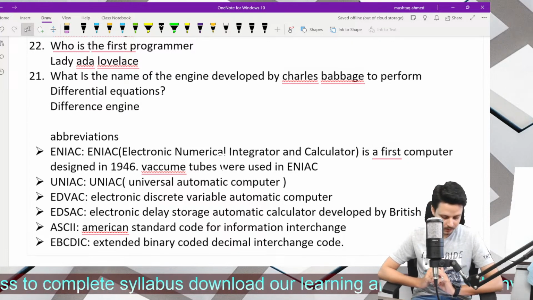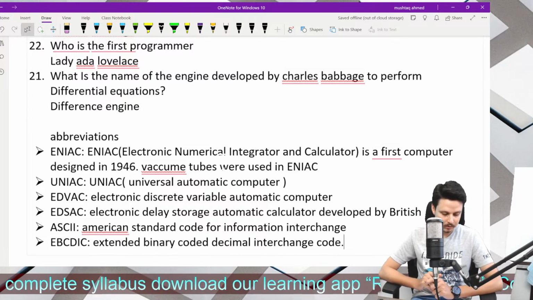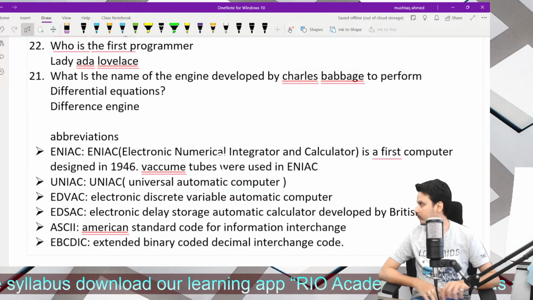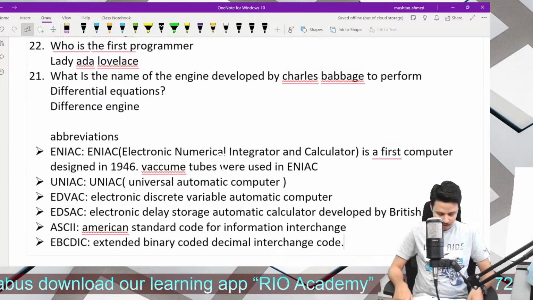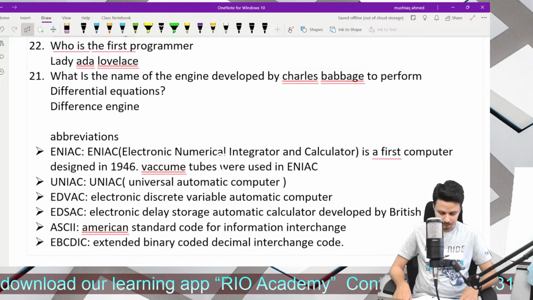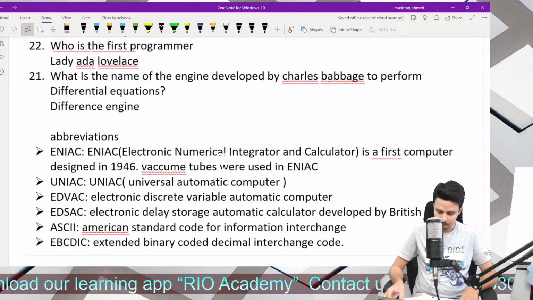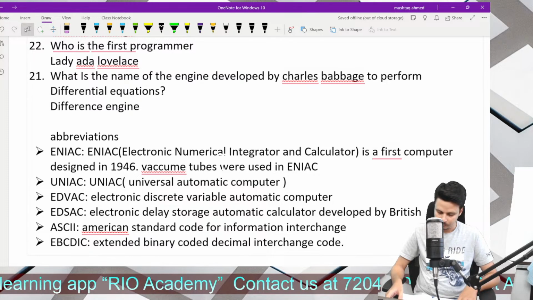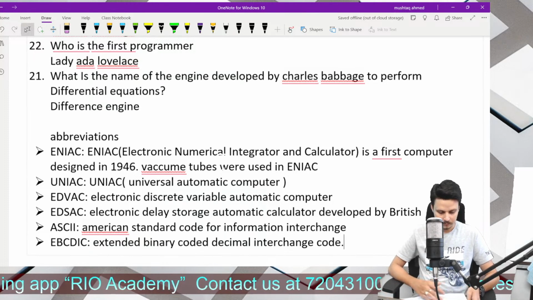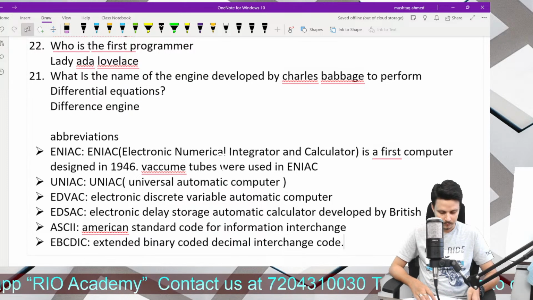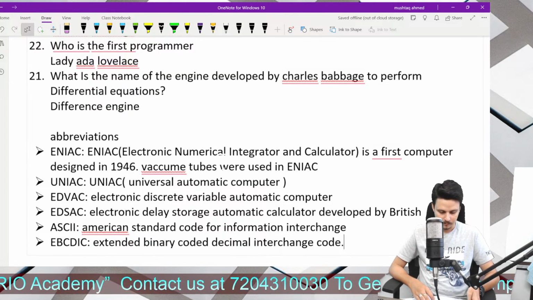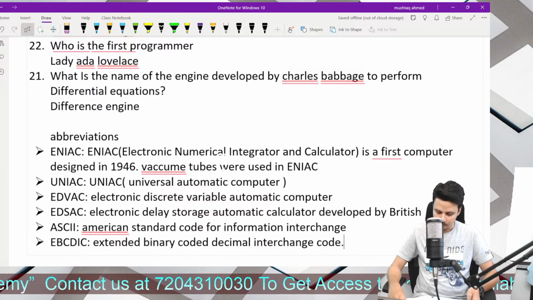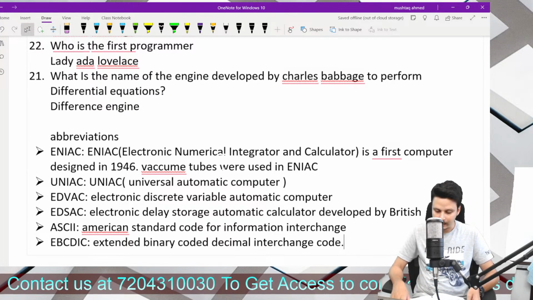In the next class, I will start with bits and bytes.